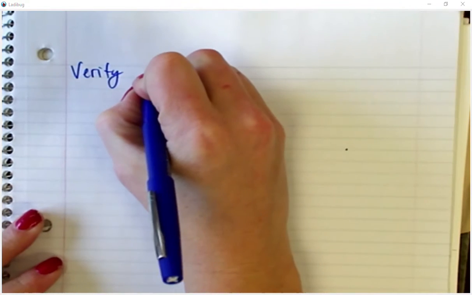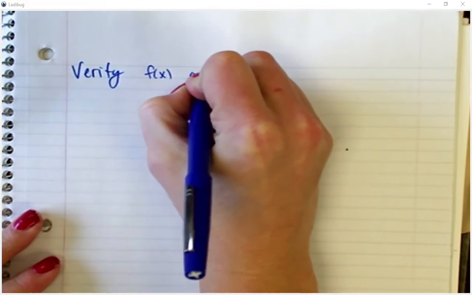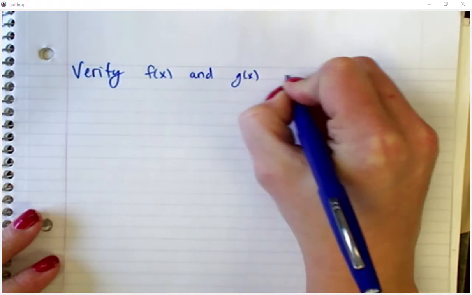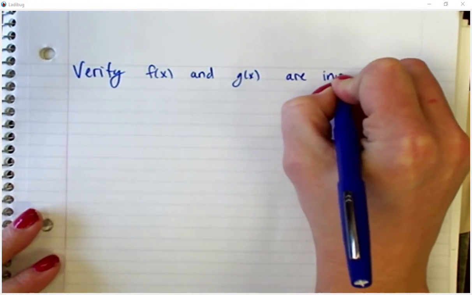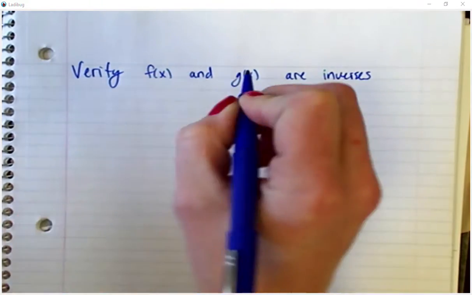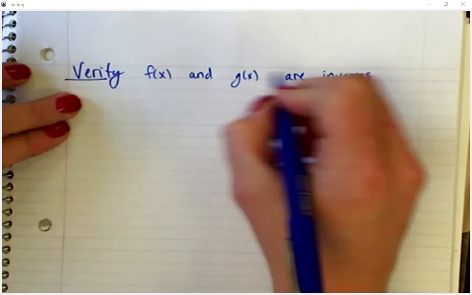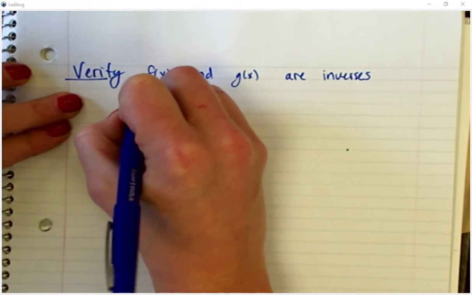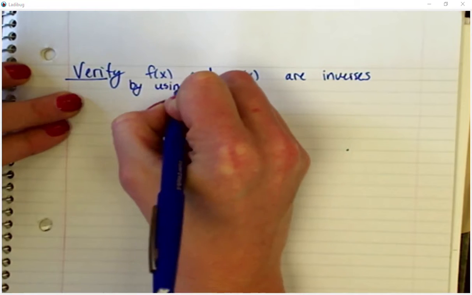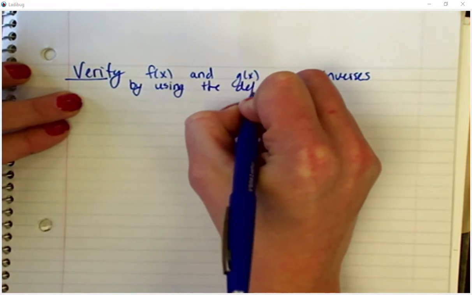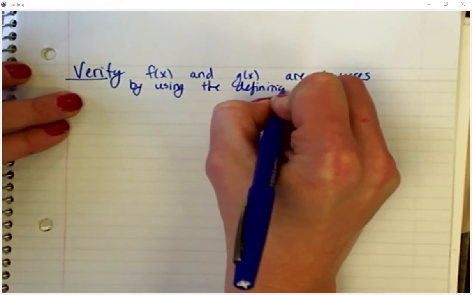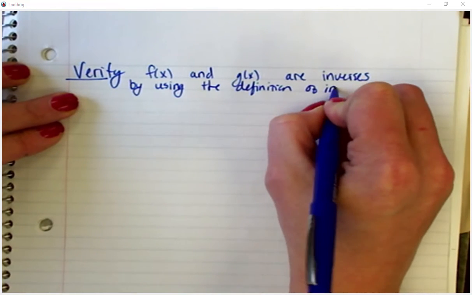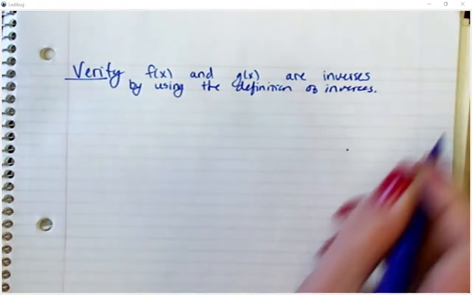This is called, I know you can't see it, "Verify f of x and g of x are inverses by using the definition of inverses."